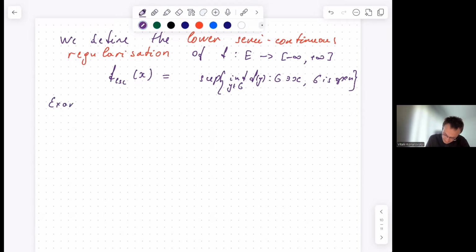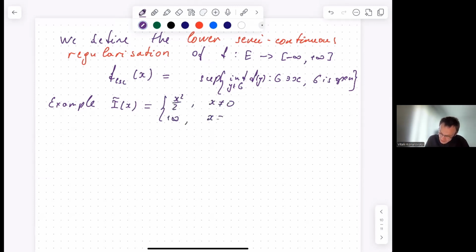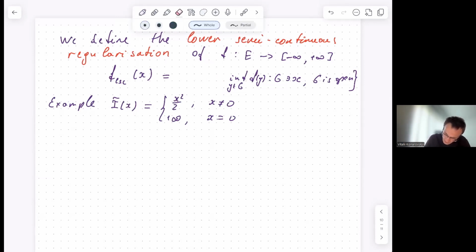Example. Let's take the function I tilde, which we already considered, and it was the function x squared divided by 2 for x not equal to 0, and plus infinity when x is equal to 0. And let's try to find the lower semi-continuous regularization for that function.